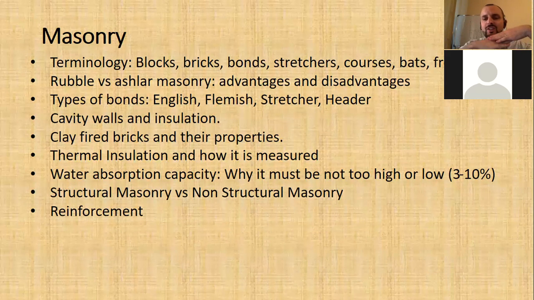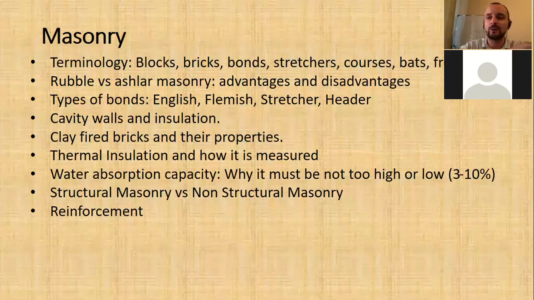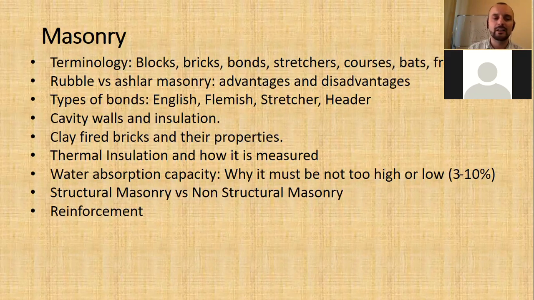Because you need some absorption capacity so the blocks can stick to one another and the mortar will actually stick to the block. So that's the reason why we can't use high quality concrete with a very low absorption capacity for masonry blocks. They just wouldn't stick together.